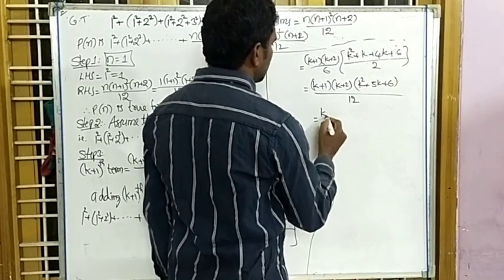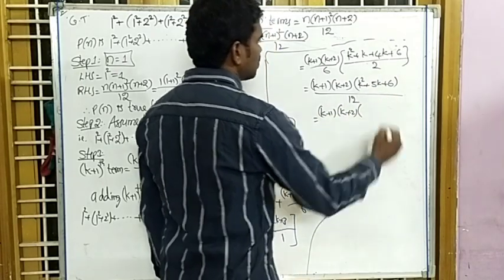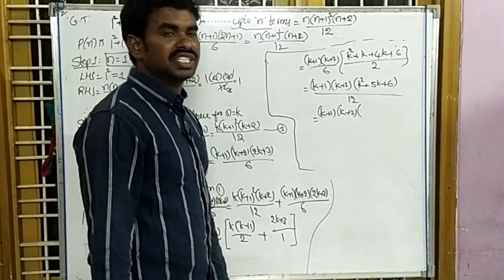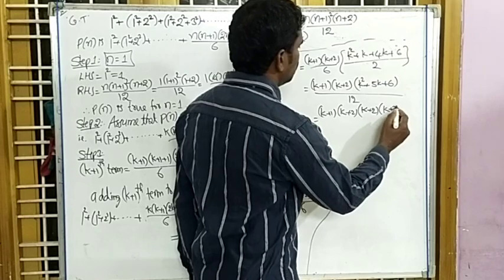So simplify this: k square plus 5k plus 6, factorization, we get k plus 2 into k plus 3. Am I right? Once check it, k plus 2 into k plus 3.